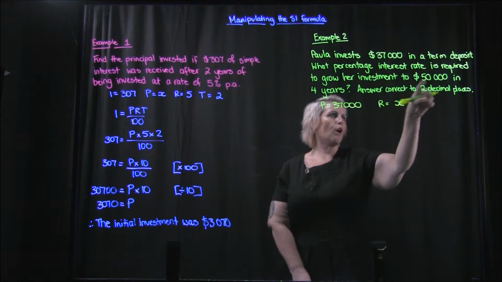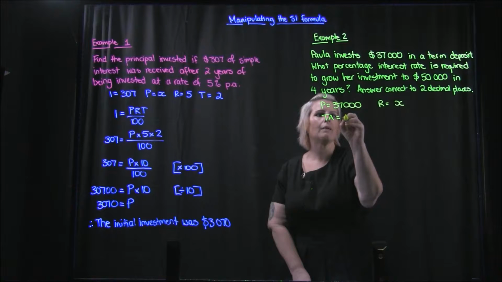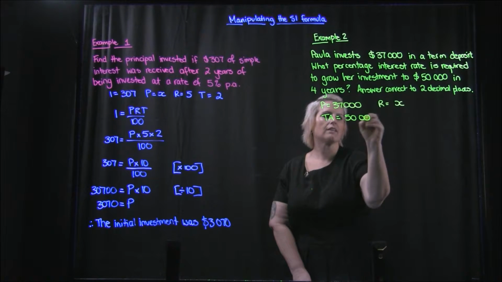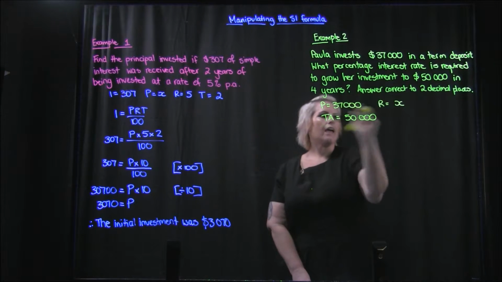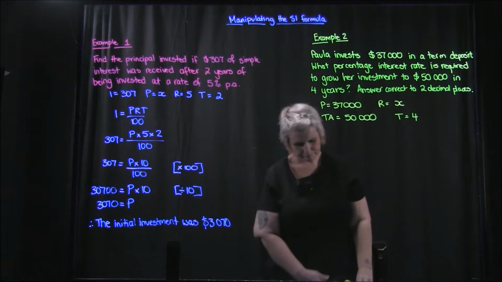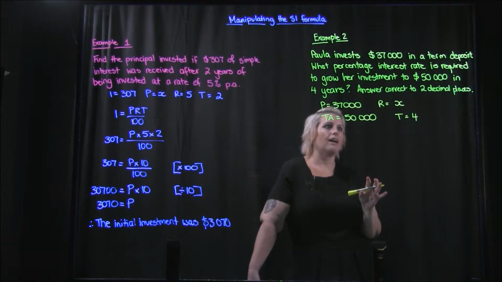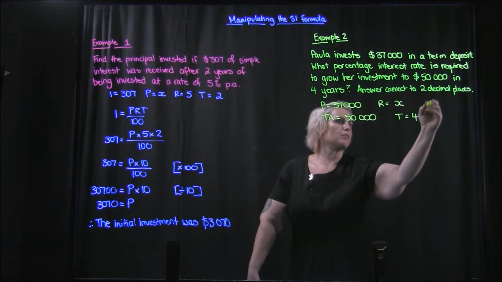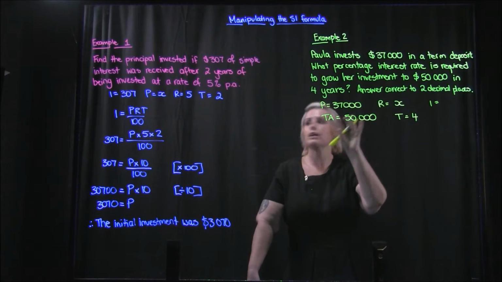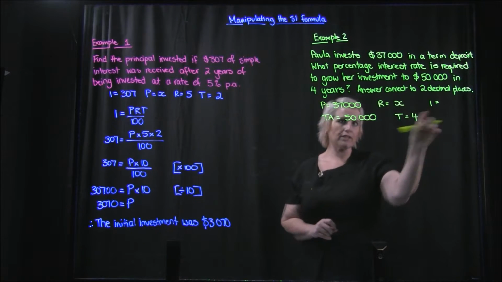We want it to grow to 50,000, but that's her whole investment. That's her total amount, 50,000. And it's going to be in 4 years. So first of all, we need to have a look at identifying interest, because that's the one that we don't have. Now, if we're going to find an unknown, just like in this one, we only want one of them to be unknown, but we can find interest.